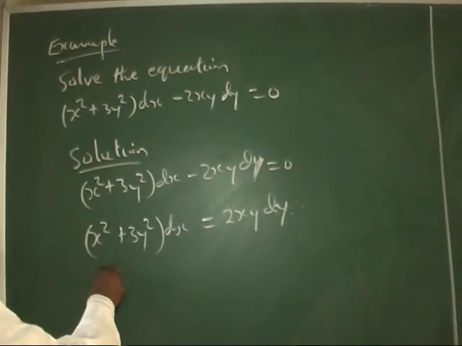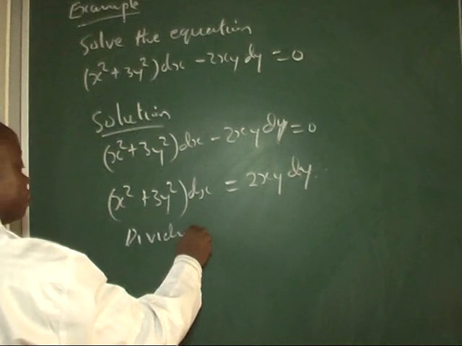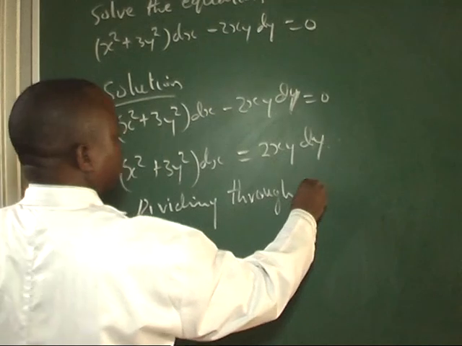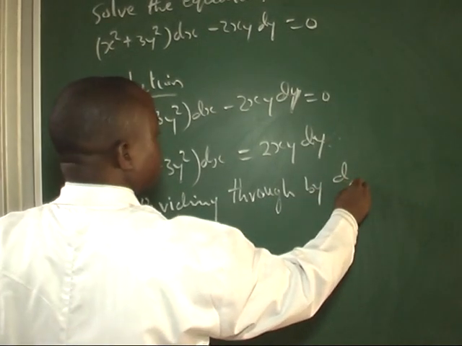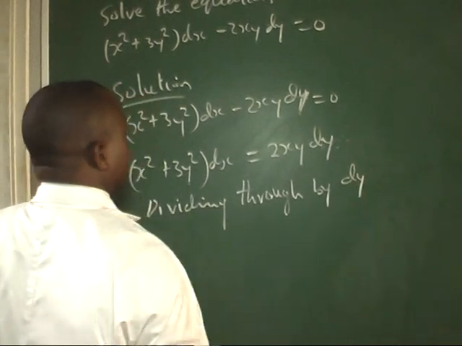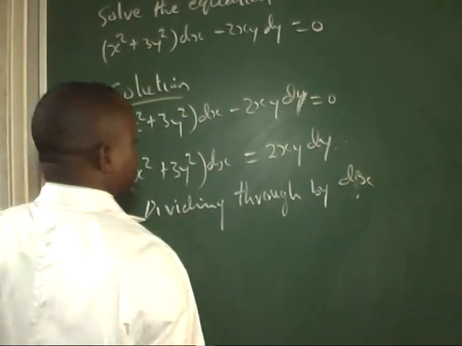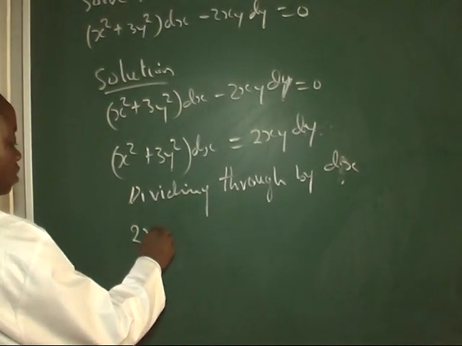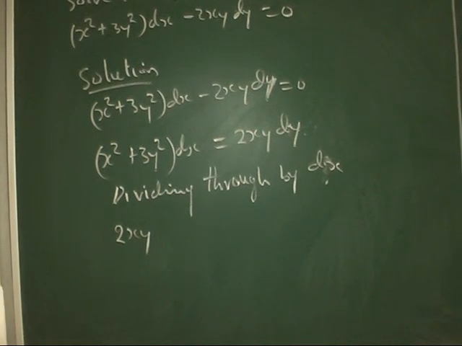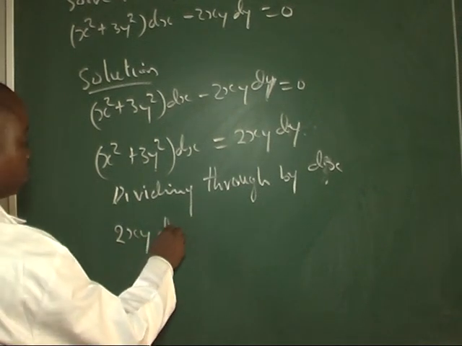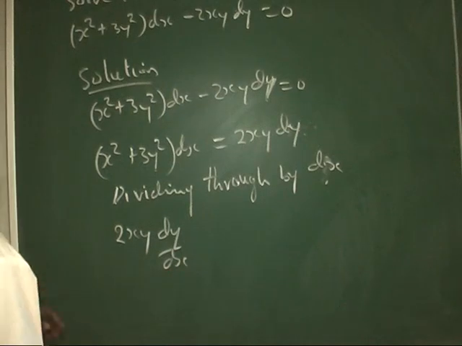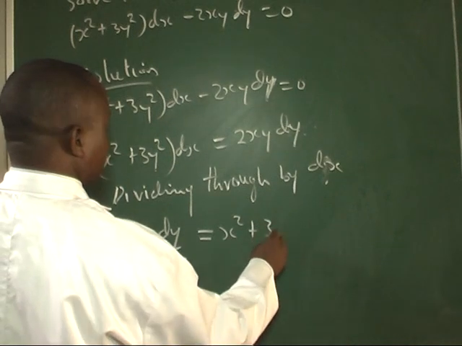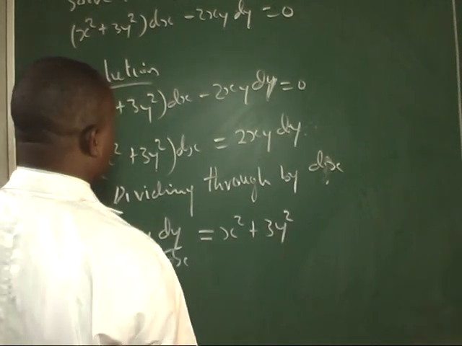So dividing both sides by dx, we have that 2xy dy/dx will be equal to x squared plus 3y squared.